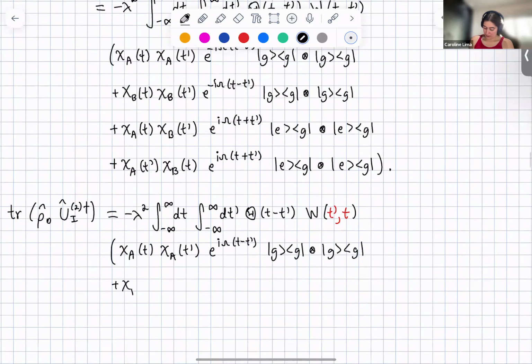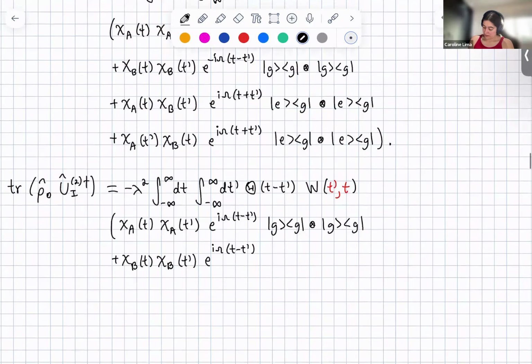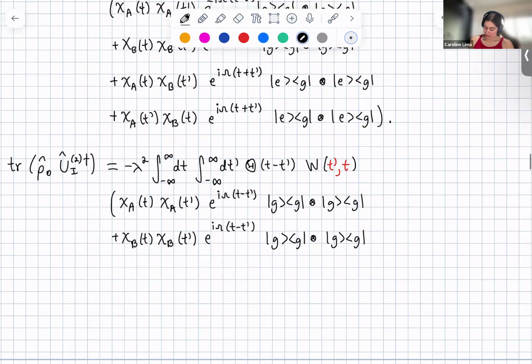Now, same for B. This is going to be plus omega (T minus T prime). And then we have GG, GG.